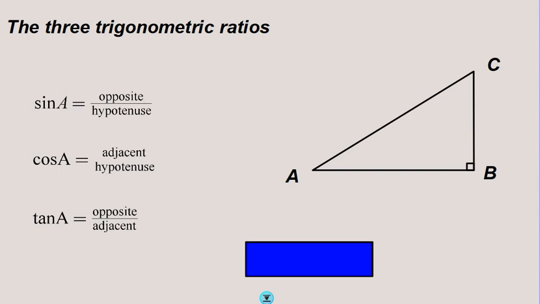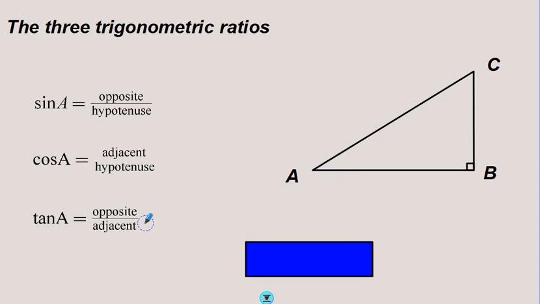Now, to review the 3 trigonometric ratios, we have the sine, so sine A is equal to the opposite, BC in this case, divided by the hypotenuse, AC in this case. And obviously for a given value of A, like let's say 40 degrees, this will be a constant.